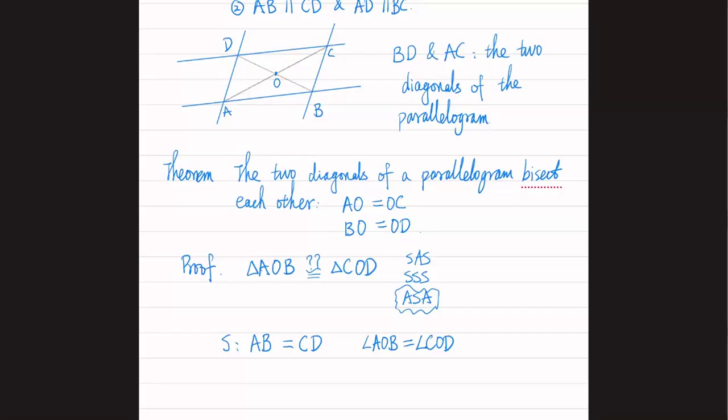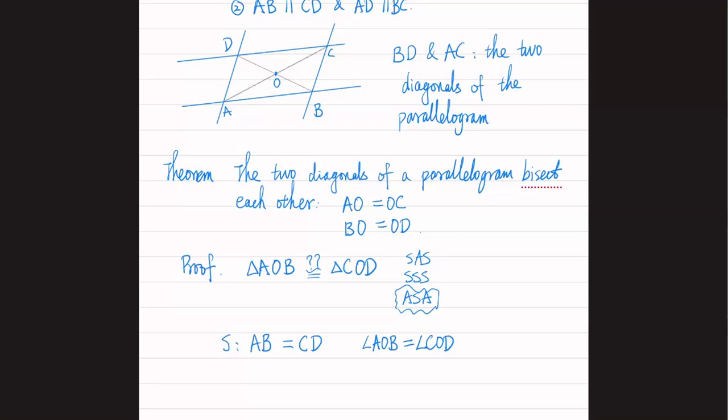Okay, think about this. Kira, what would you do? Any idea? If we're using ASA, then not really. Okay, let me give you the angle and ask you why they have the same measure.